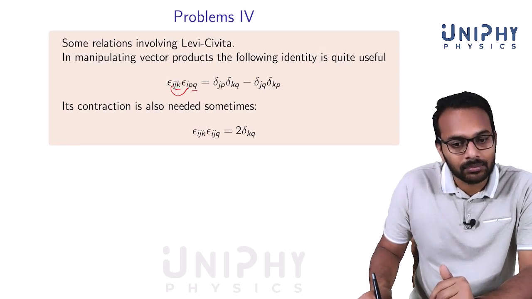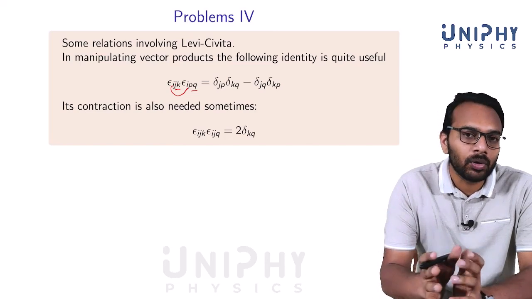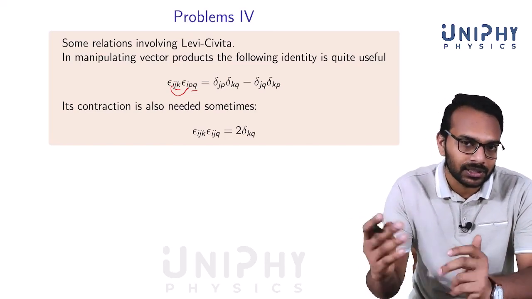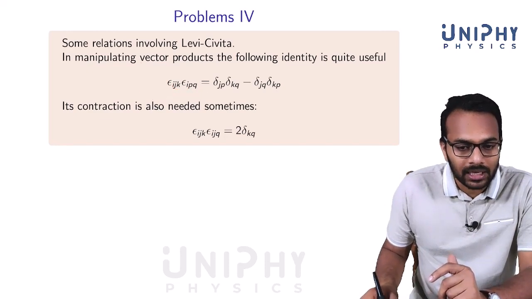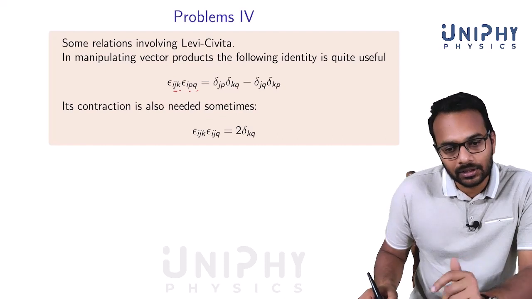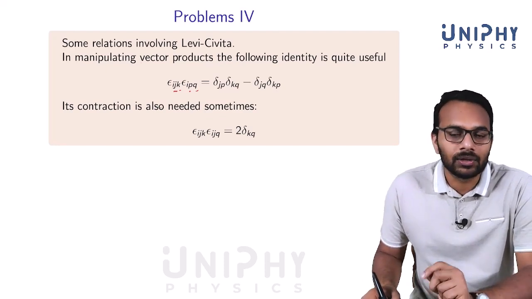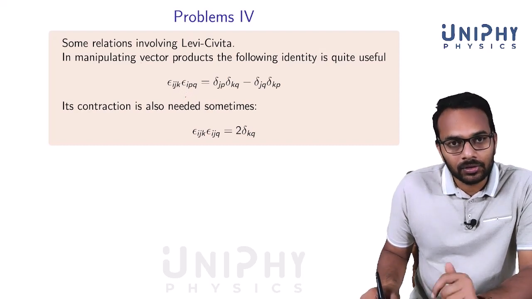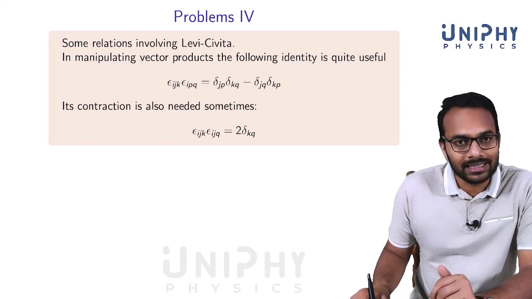There's only a summation over i, so when you sum over i, in the end you won't have any i index left. In the final result, you will have only four indices: j, k, p, and q.